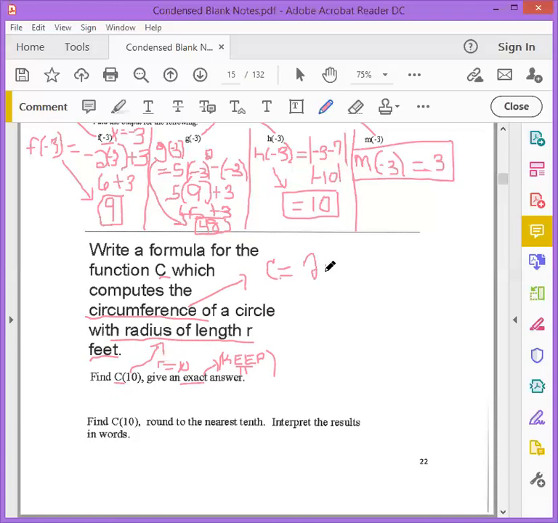One would be multiplying 2 times pi times radius, or we could multiply pi times the diameter. So d stands for diameter, r stands for radius. Now both of these formulas calculate the circumference of a circle. Because we're dealing with the radius, we're going to use the first formula.